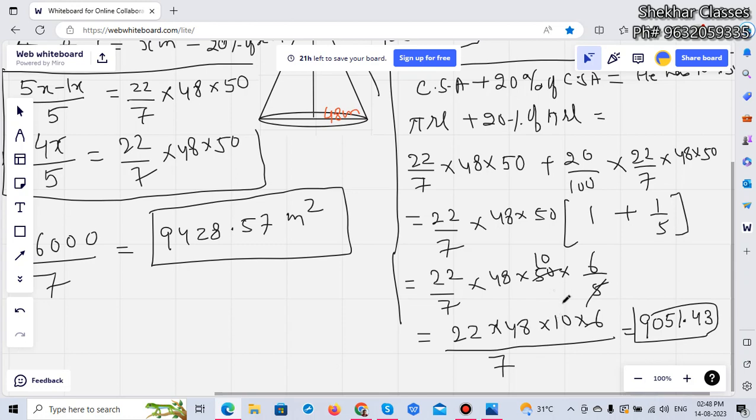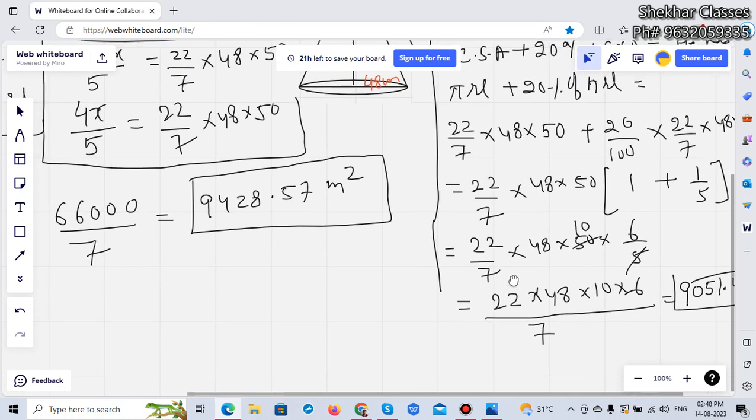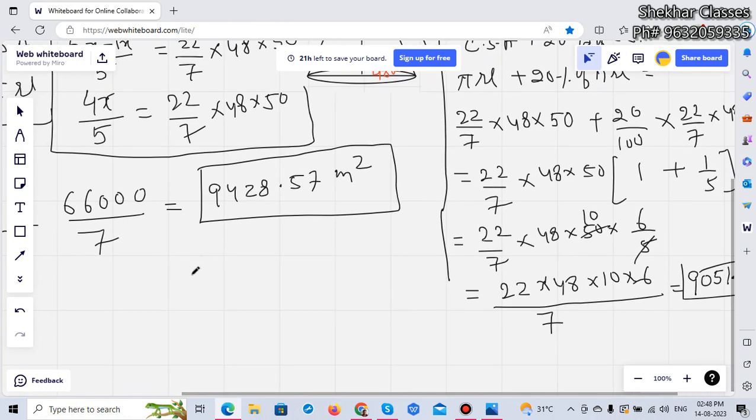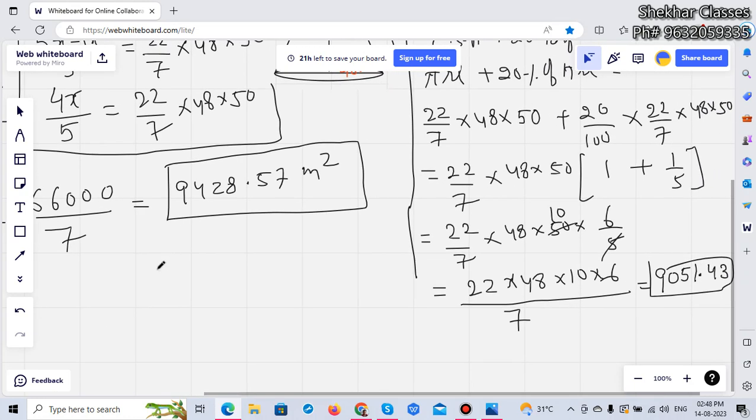So how much he has to buy? He has to buy here, in this case, second case will be 9051 point approximately 43 meter square is an answer for the second part of it.